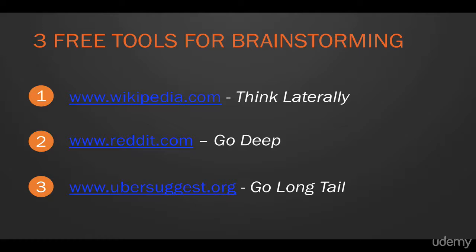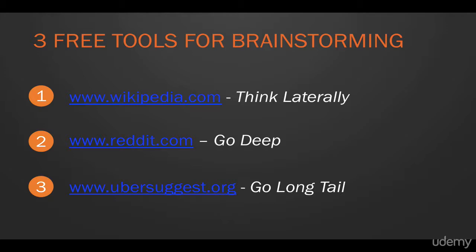So just to recap on this lecture, the purpose of it was to really build a list of potential keywords. The reason that we want to do a bit of research and think outside the box, think laterally, going deep and finding longer tail keywords, is because the most obvious keywords are going to be extremely competitive. It's unlikely that you're going to get to the top of the search results and get the traffic for those keywords.